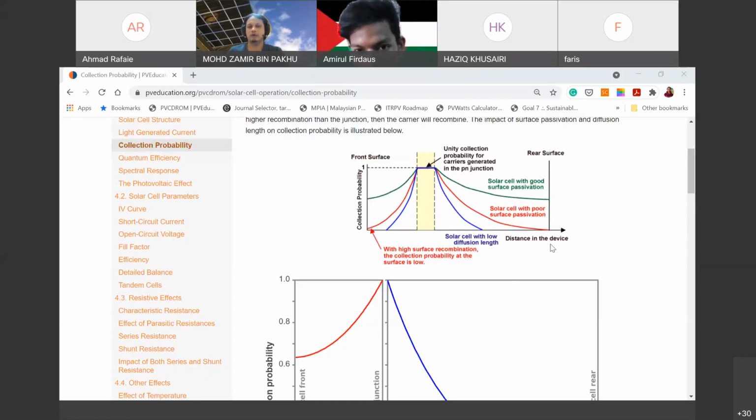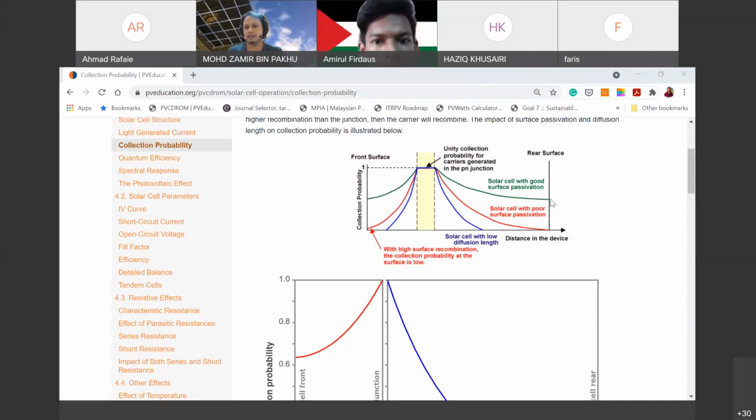So if your device, solar cell or whatever, this is for solar cell, but it works for other devices as well. So if you look at this rear surface on the right, if you have a very good, well passivated surface, that means your surface already has surface passivation. So your collection probability will take the green profile, this green one.